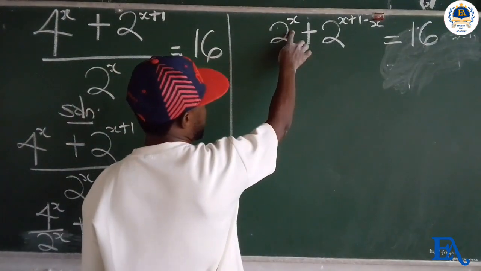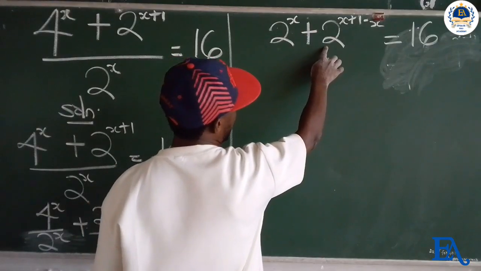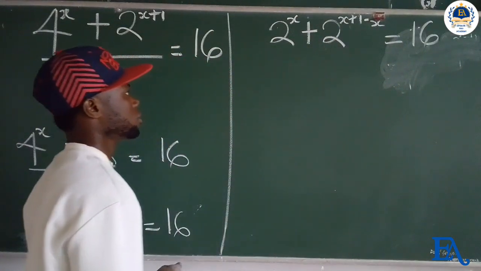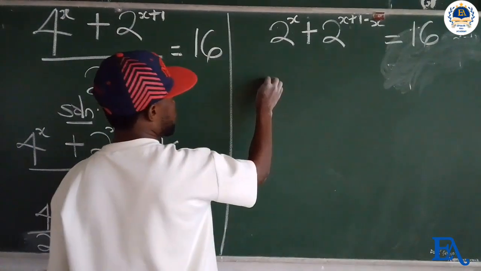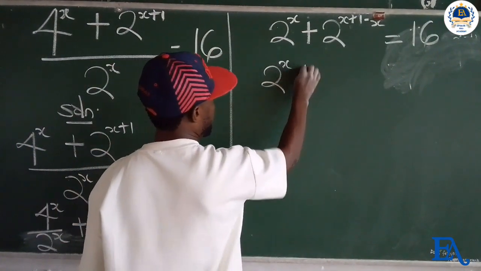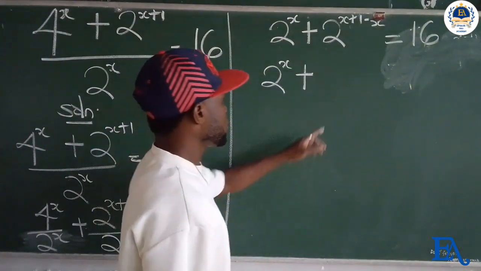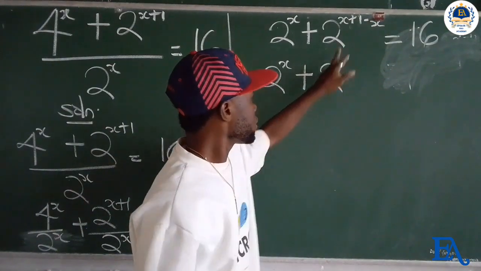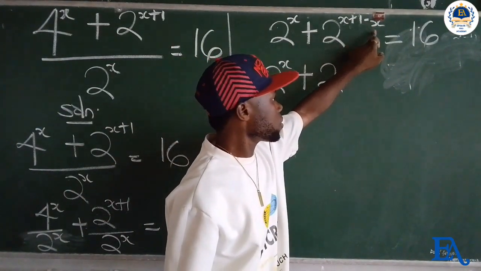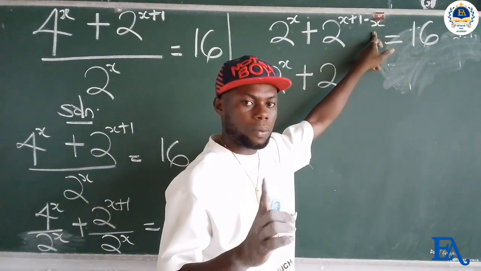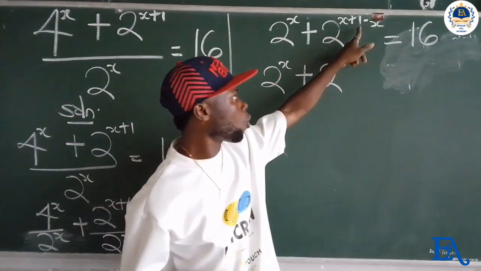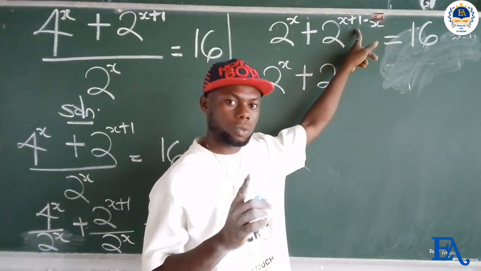2 raised to the power of x plus 2 raised to the power of x plus 1 minus x is equal to 16. That gives 2 raised to the power of x plus, over here is 2, then x minus x is 0. That means we are only left with 1 as the power of 2.